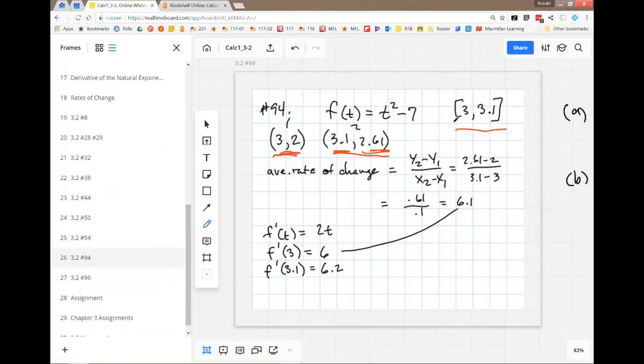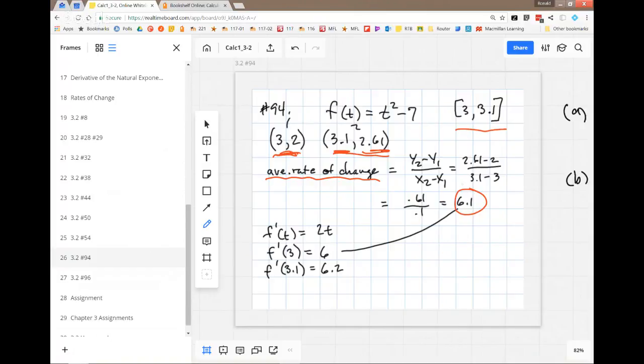Now we can find the average rate of change. y2, 2.61, minus y1, 2, over x2, 3.1, minus x1, 3. You get 0.61 over 0.1, which is 6.1. That is your average rate of change.